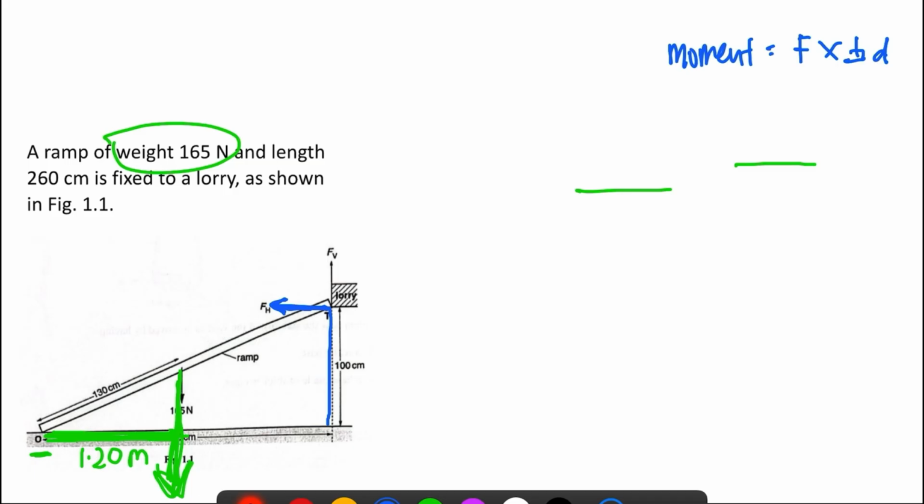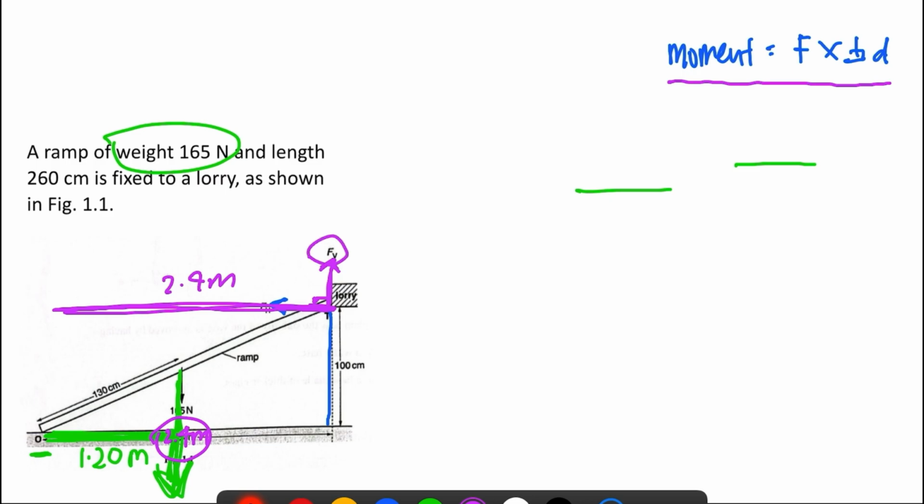Then we analyze the other one, the vertical force. For this vertical force, the direction is facing upward. By the formula of the moment, force times perpendicular distance again, the distance must be perpendicular. Perpendicular is 90 degrees. From here, move towards the O. We are using this 2.4 meters, 240 cm. 2.4 meters multiplied by the vertical force.